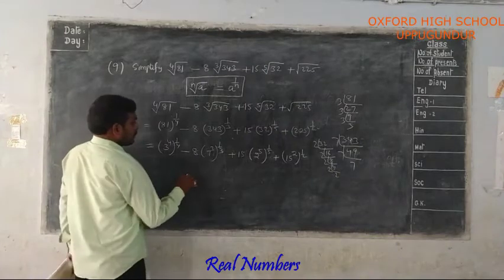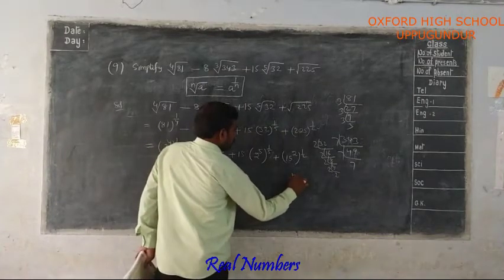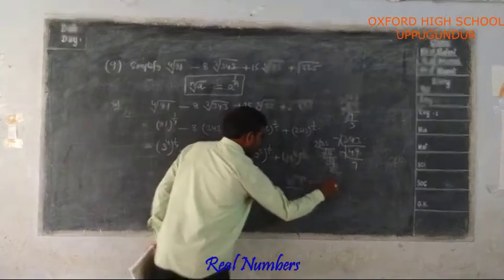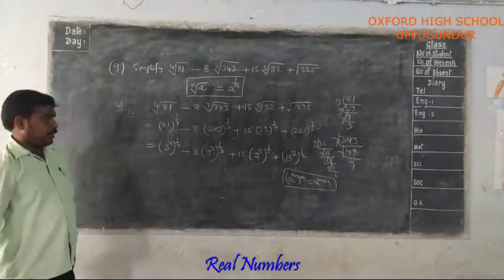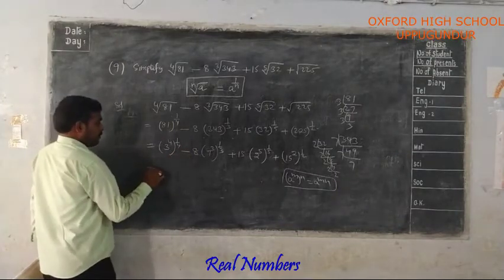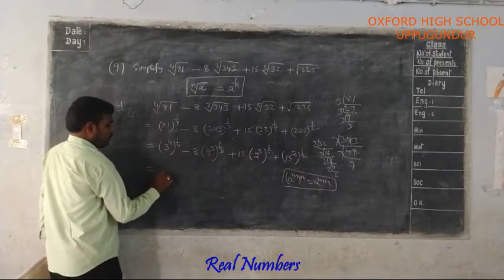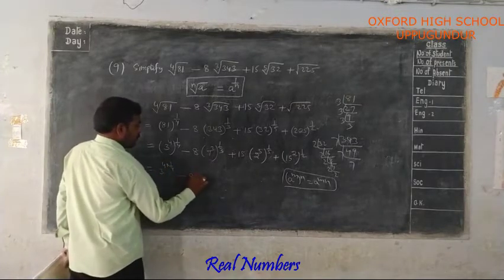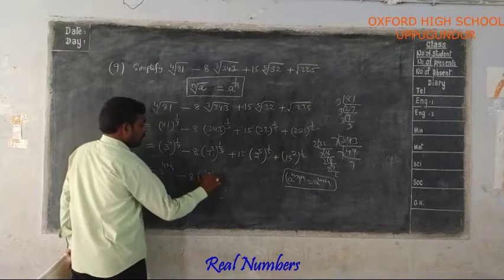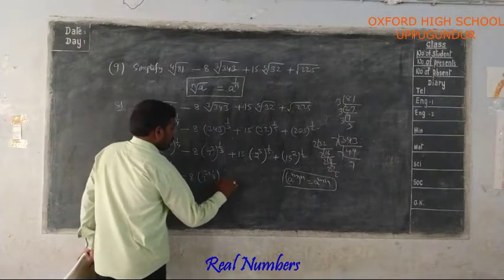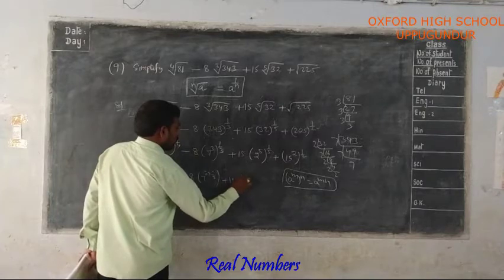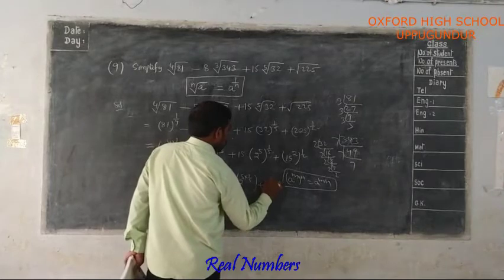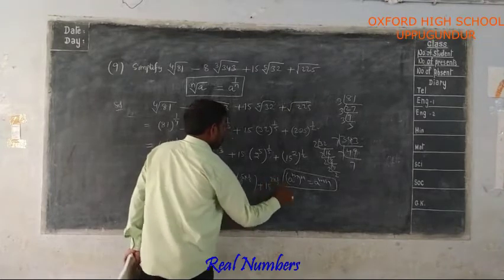So we know that a power m whole power n equals a power mn. So by using this law of indices, you can simplify this. 3 power 4 whole power 1 by 4 is 3 power 4 into 1 by 4, minus 8 into 7 power 3 into 1 by 3, plus 15 into 2 power 5 into 1 by 5, plus 15 into 15 power 2 into 1 by 2.